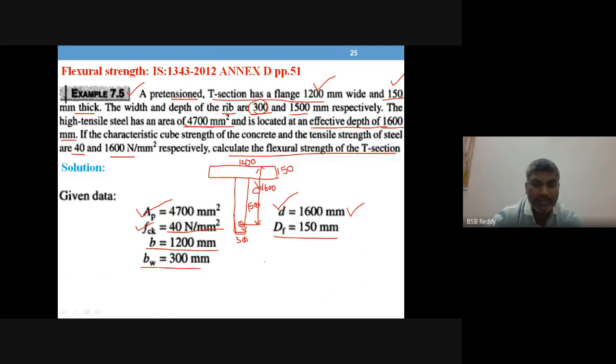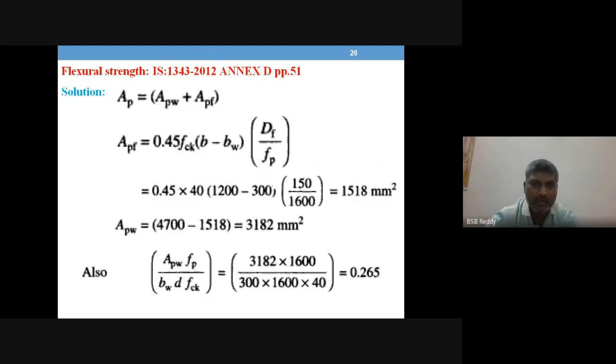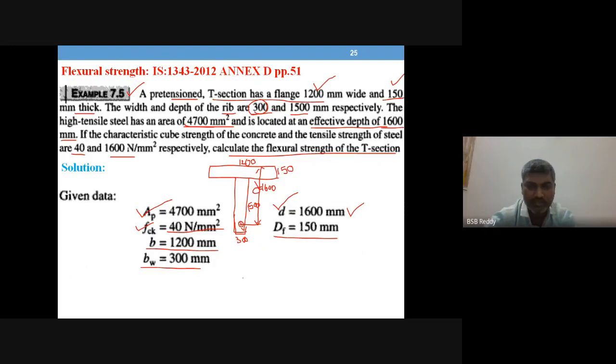You can again proceed by assuming, because you don't know whether the neutral axis falls in the web or flange. So first you have to assume the neutral axis to fall in the flange.